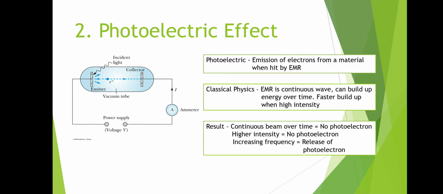They use a higher intensity of red color, but no photoelectron is released. Even with a continuous beam, there is still no photoelectron. But when they increase the frequency to a higher frequency, let's say orange, the photoelectron is released, even at the lowest intensity.